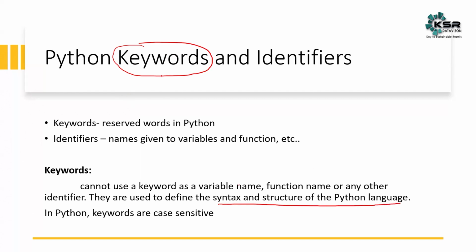These keywords cannot be used as variable names or function names, right? So before we understand variable names and function names, we need to understand the keywords we are going to discuss now.